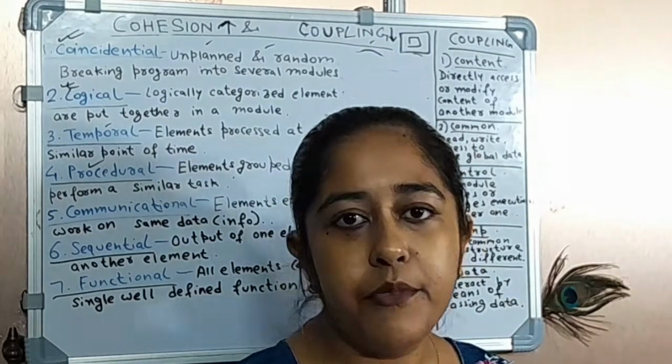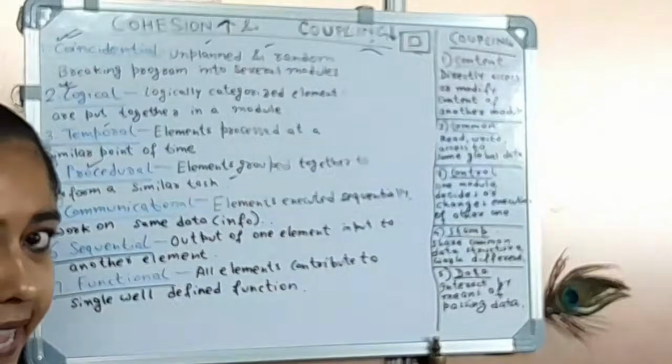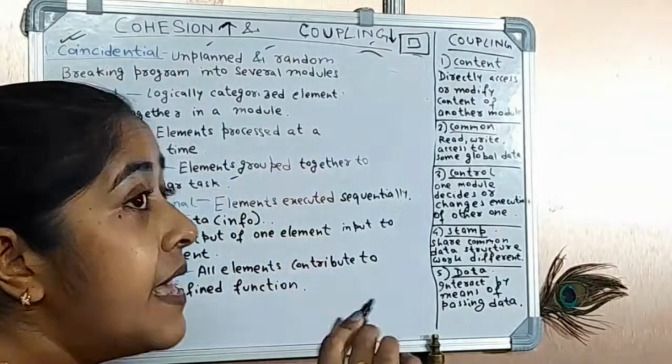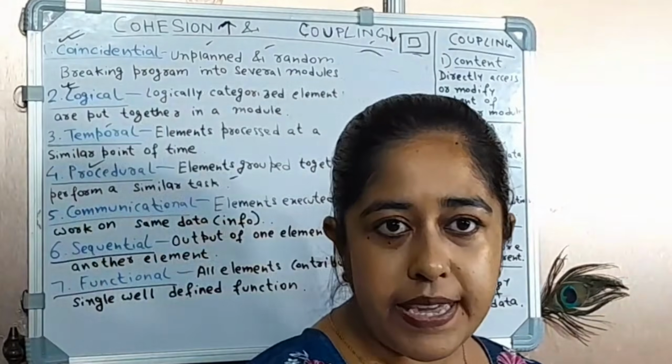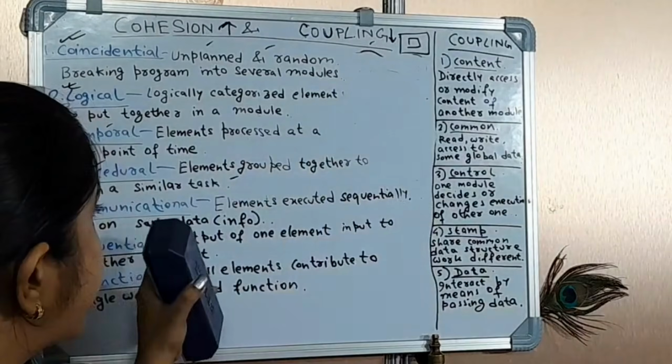They are in a structured type. These elements which are grouped perform a similar task, and they should be in a sequential order. Here also, elements executed sequentially work on the same data or info.